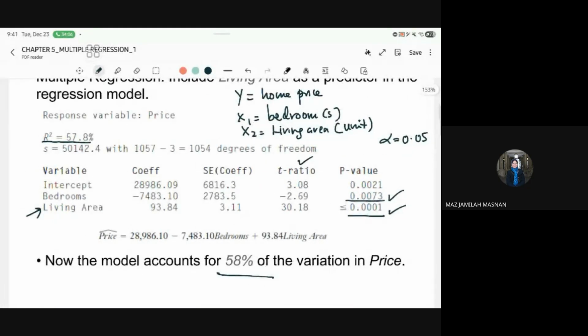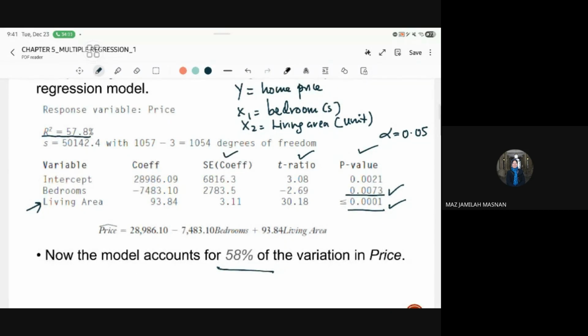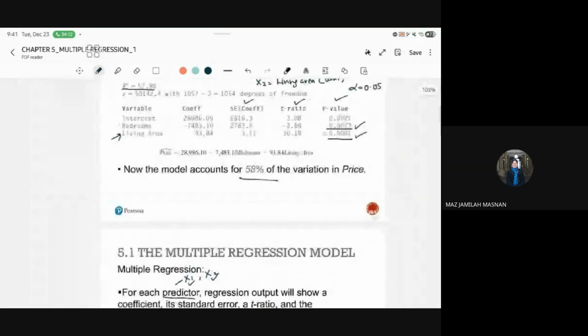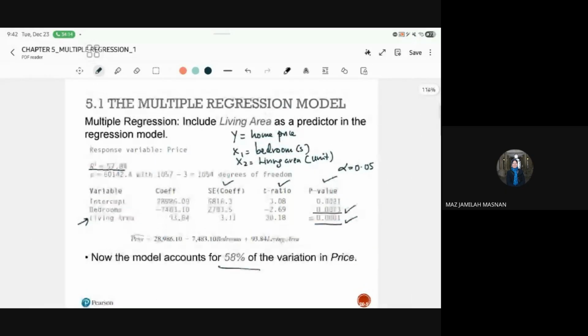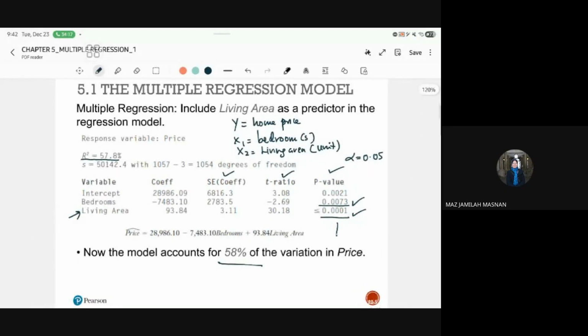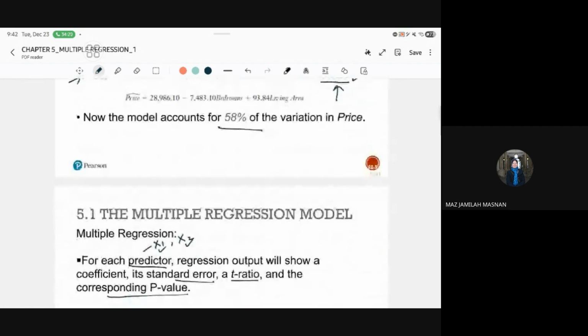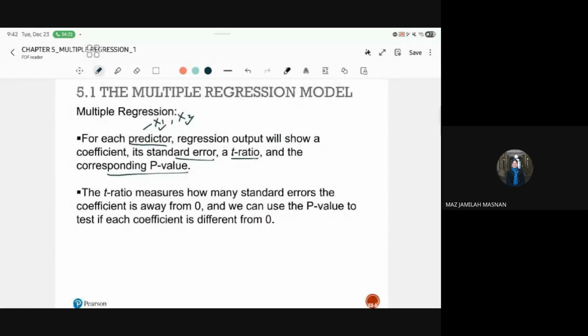For now, I only want you to understand about the p-value with regard to multiple regression.